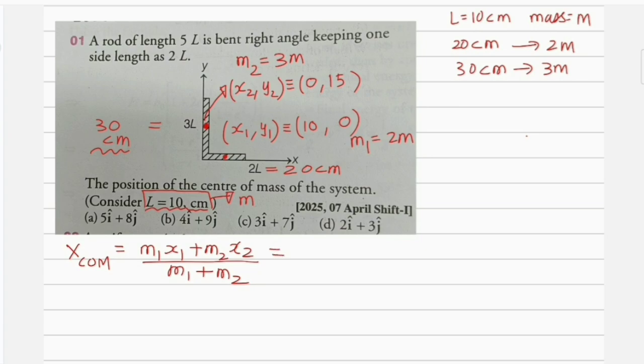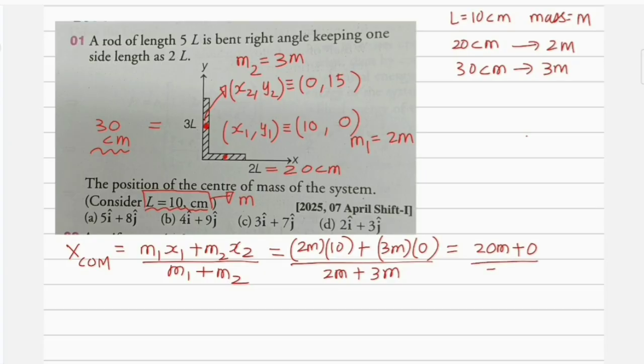What is the value of m1? 2m times x1 which is 10, plus m2 which is 3m multiplied by x2 which is 0, divided by the total mass 2m plus 3m. That gives 20m plus 0, the whole over 5m. So m will get cancelled. In the next step you should get 4 centimeter. So the center of mass x coordinate is 4 centimeter.